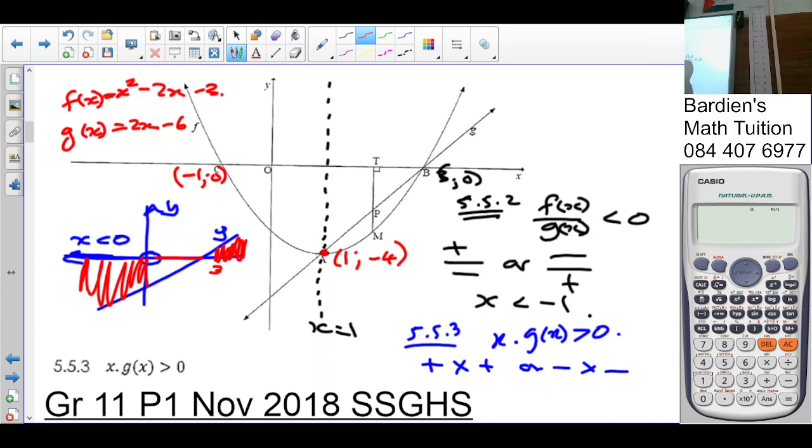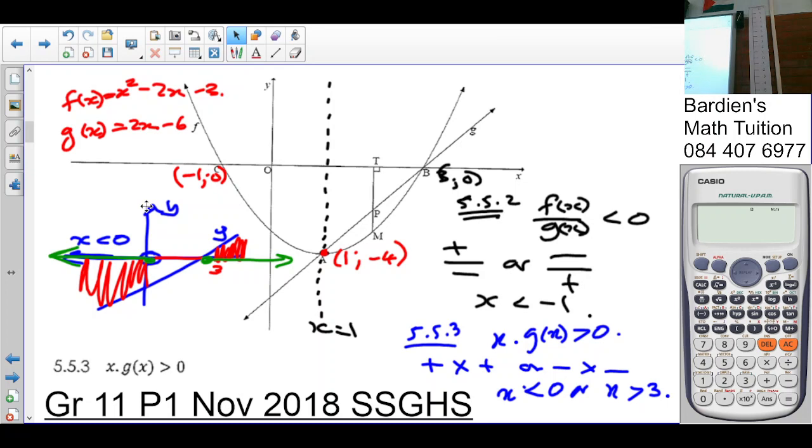The bar is positive and the graph is positive. So is that a continuous or a broken solution? Broken solution. So x must be less than 0 or x must be more than 3.